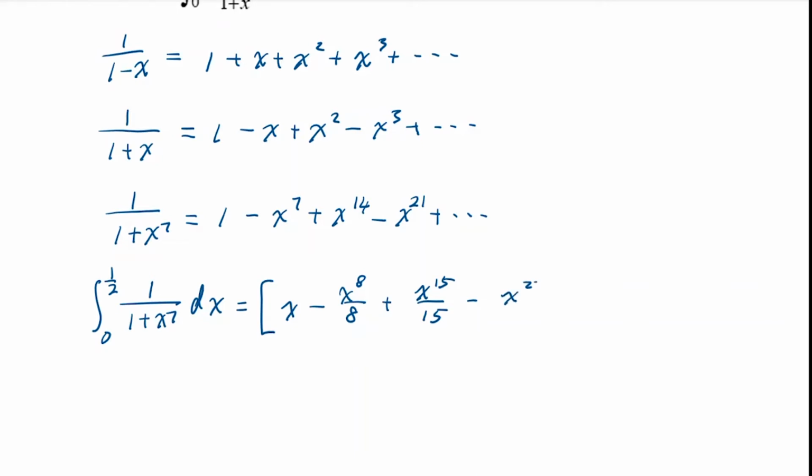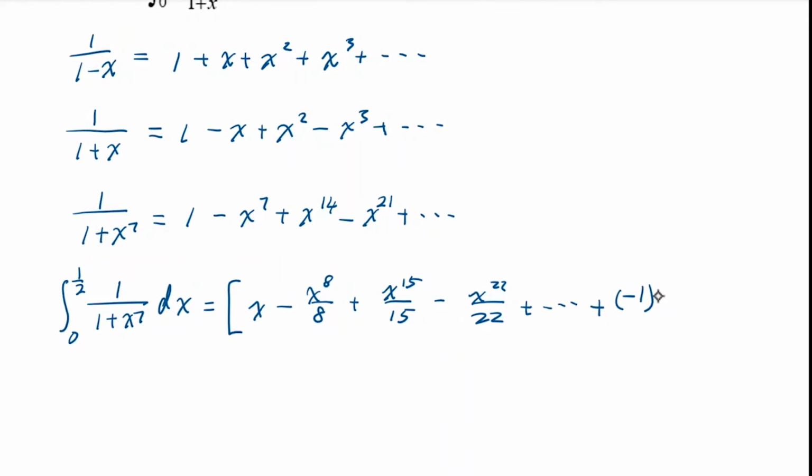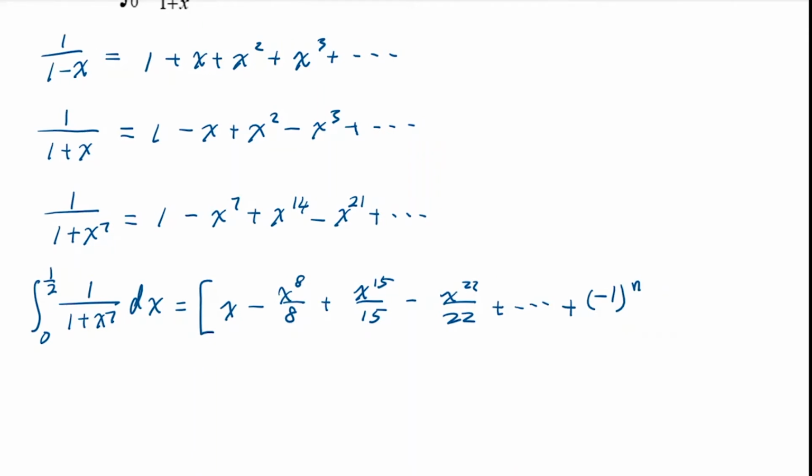Minus x to the 22nd over 22, and then ... I like to have a general term here. Okay, what is my general term? We're gonna need something like this, right? And then depending on whether we are starting from the positive or negative, we'll adjust.